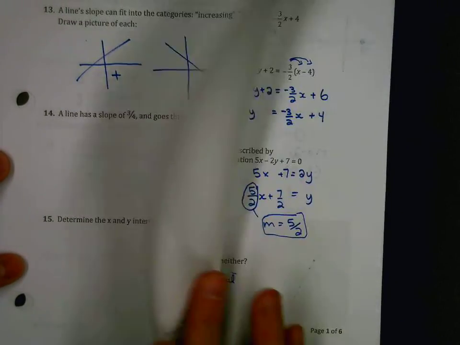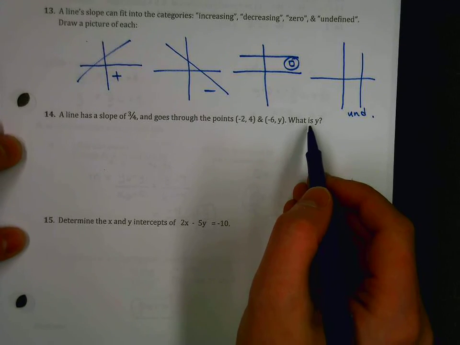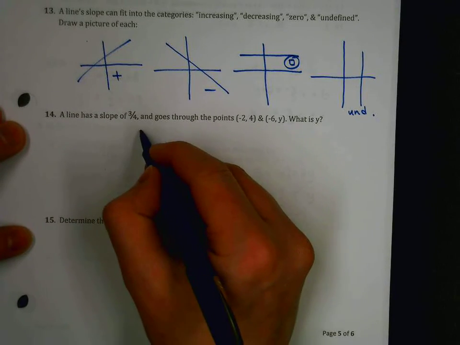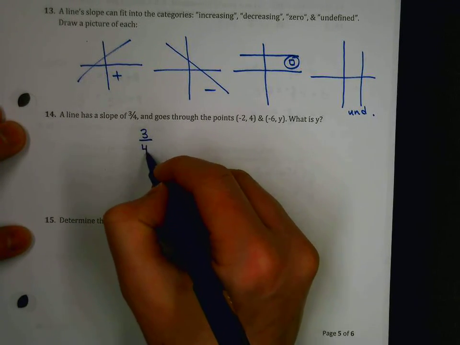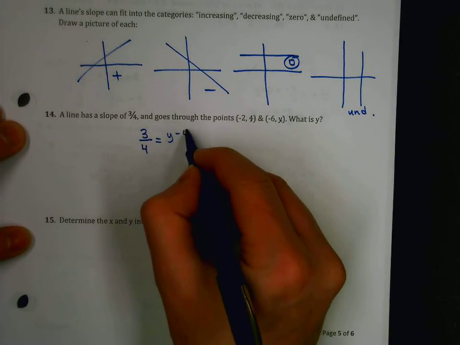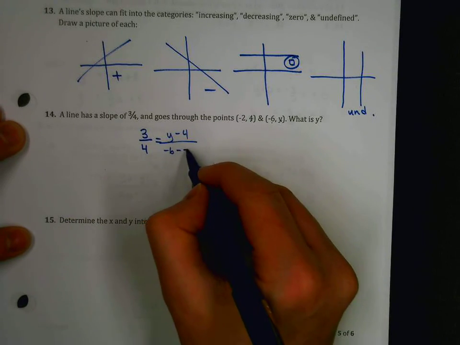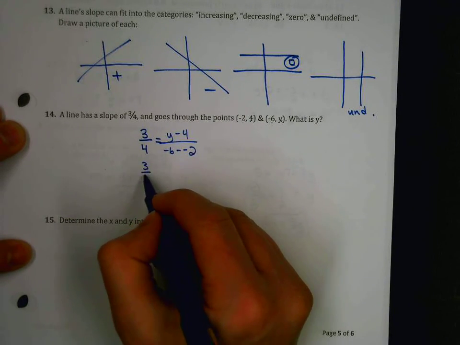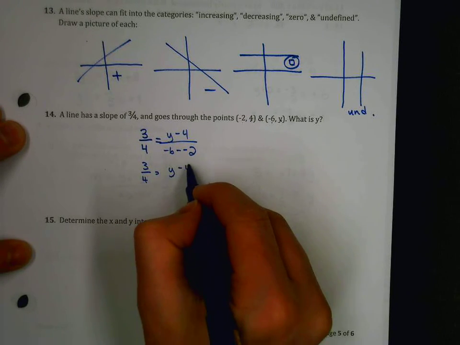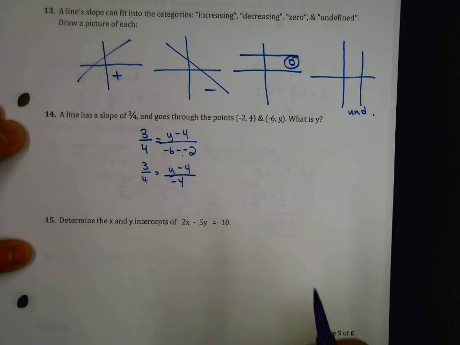Last few questions. A line has a slope and goes through 2 points. What is the unknown part of one of the points? So the slope is change in y divided by change in x. So we have 3/4 that equals y minus 4 divided by negative 6 plus 2. That's a negative 4.